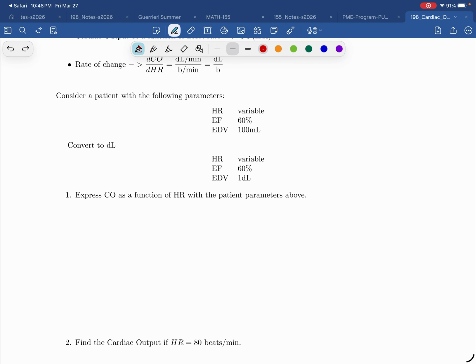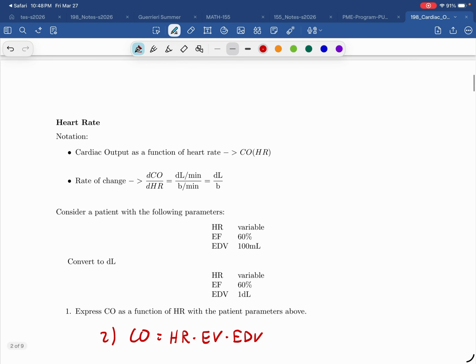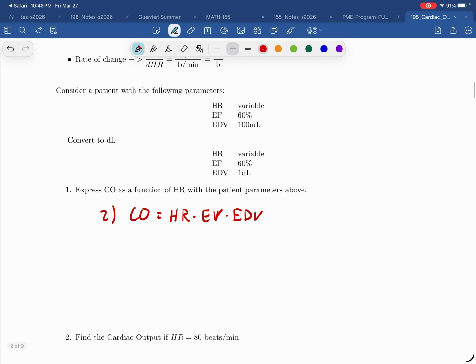Here it says express cardiac output as a function of HR, heart rate, with the patient parameters above. First, let's recall that equation 2 said that cardiac output equaled heart rate times the ejection fraction times the diastolic volume.